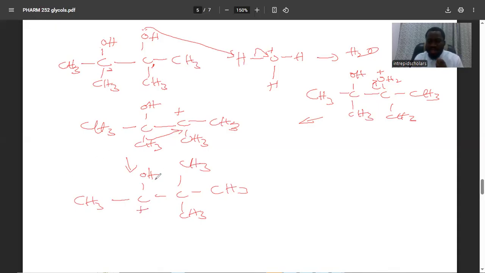Now I've explained that the reason why this has to occur is because the oxygen here has lone pairs, right? They have lone pairs, and this lone pair can be contributed to stabilize this compound. So that's what will happen in this step. We will have the lone pair being contributed to this one, so that as a resonance structure, look at the arrow I'm using here, resonance structure, the same structure, different form.